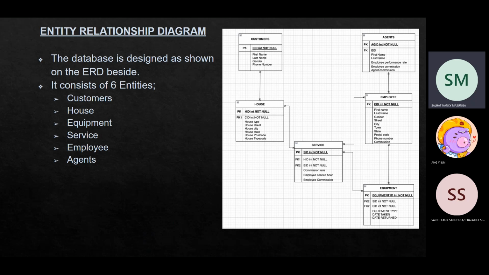The service and the employee table are also many to many, as well as the equipment and the employee table relationship. The employee and agents table are many to one in such a way that one agent can provide the company with many employees, but at the same time, one employee only works under one agent.